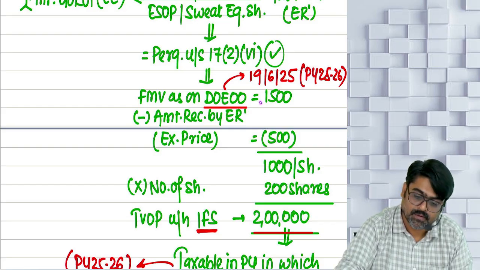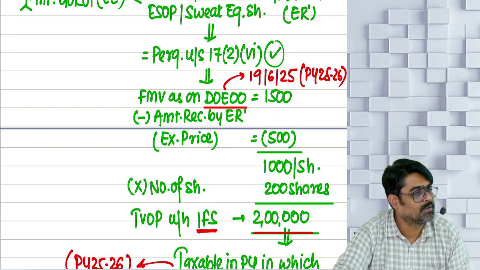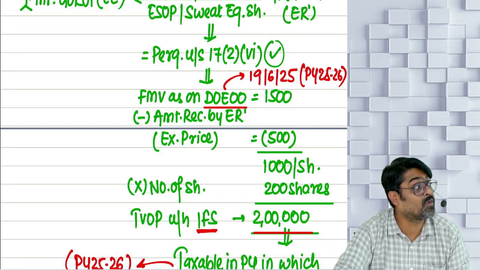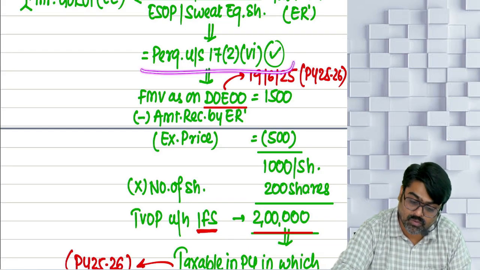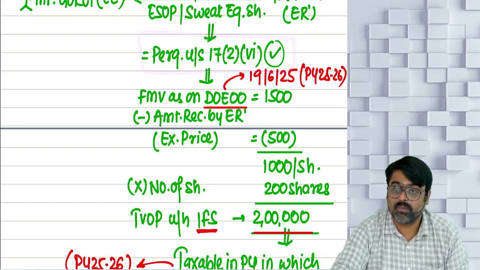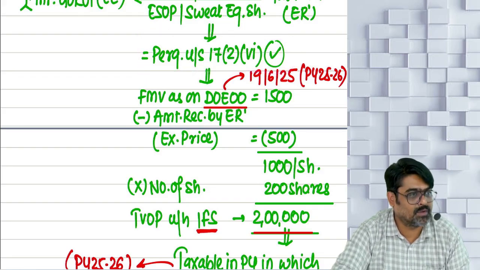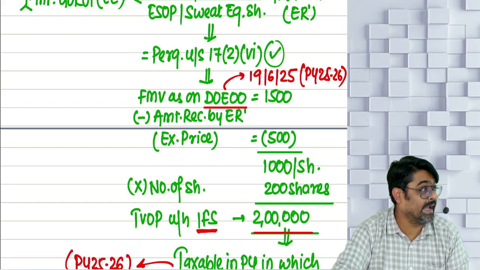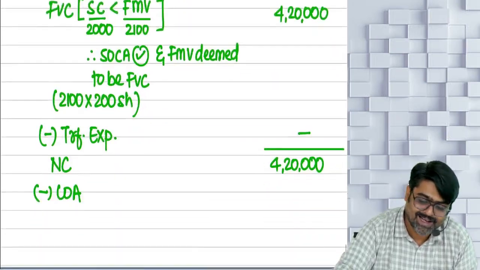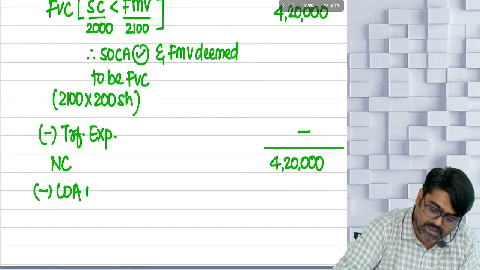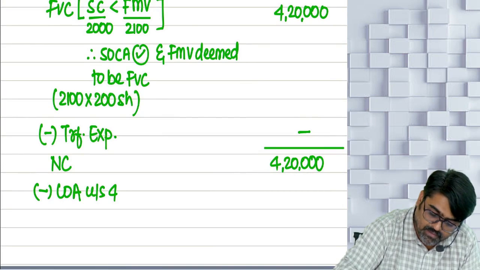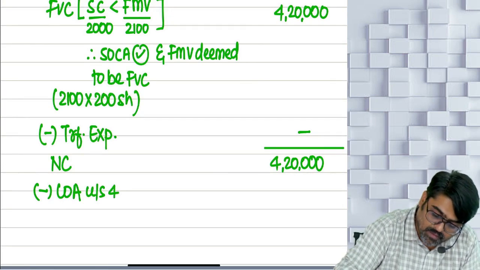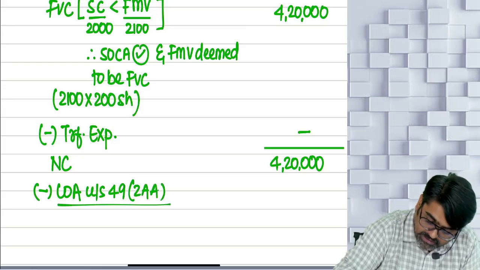Take 1500 as cost. The fair market value of these shares as on the date of exercise of option, which was considered to value the perquisite, will be deemed to be the cost of acquisition as per section 49(2AA). So cost of acquisition will be as per section 49(2AA). And what does 49(2AA) say?